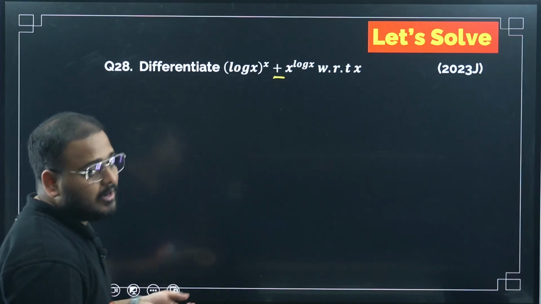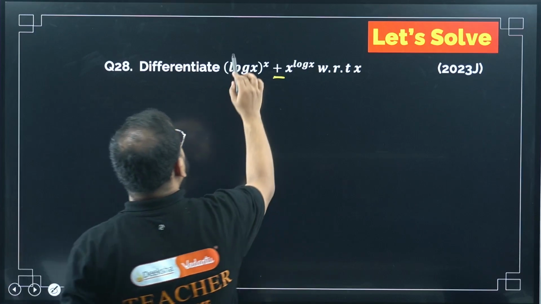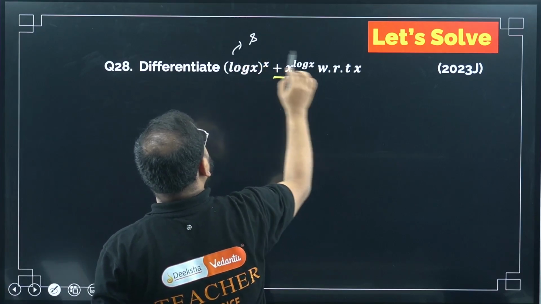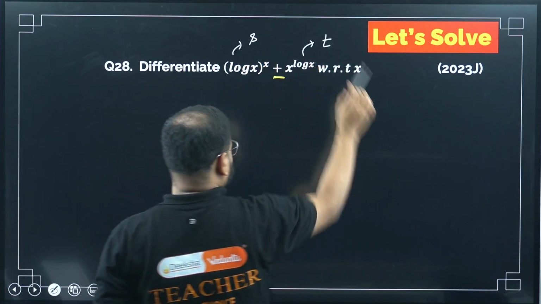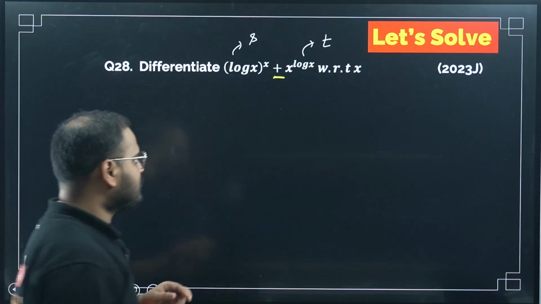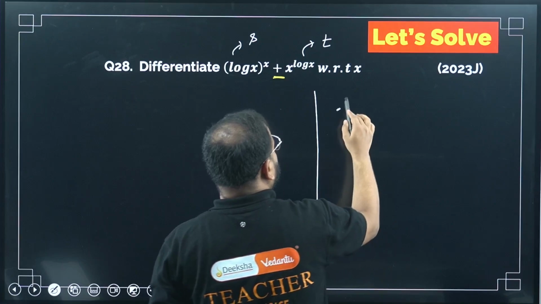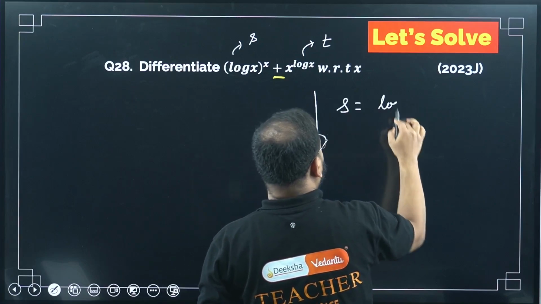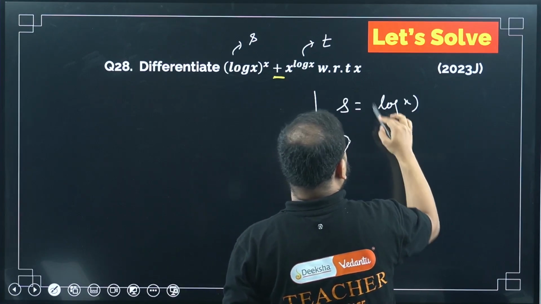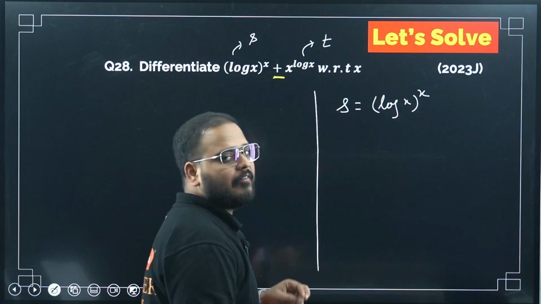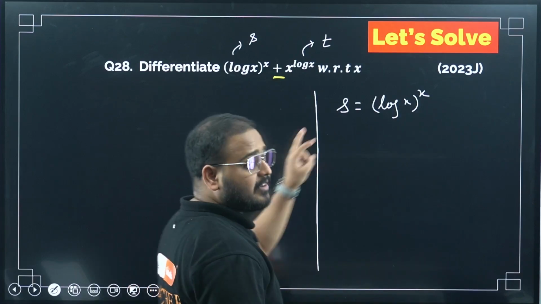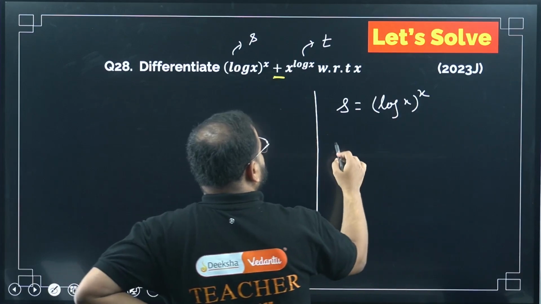So what you're going to do, take this to be a different function. Let's say I'm going to take this as a function s and this as a function t. I'll take this as s equals log of x to the power x. Now take the log, it will become what?